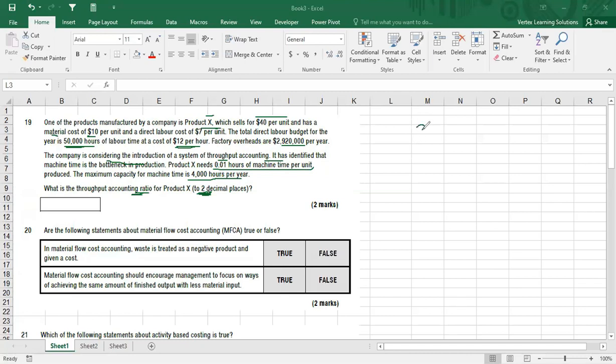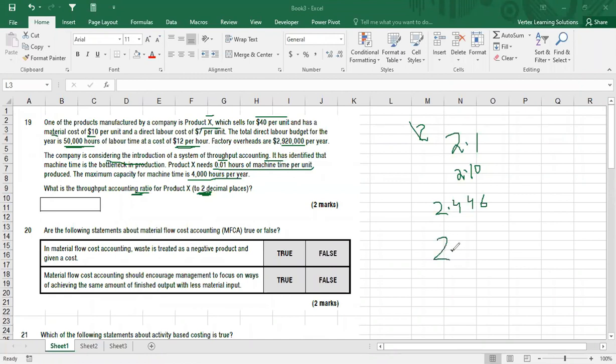Even if your calculator shows an answer of, let's suppose, 2.1, you will not write down 2.1, you will write down 2.10. Of course, if your calculator is showing you 2.446, okay, then you have to round up.